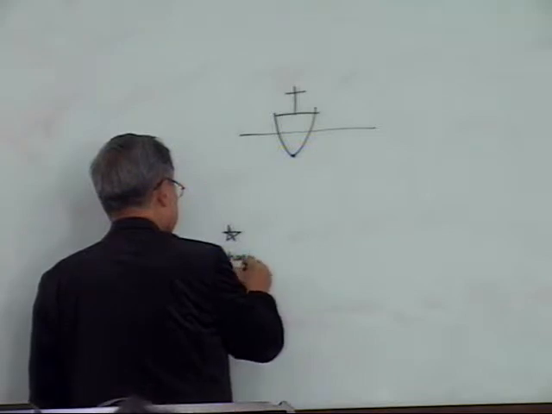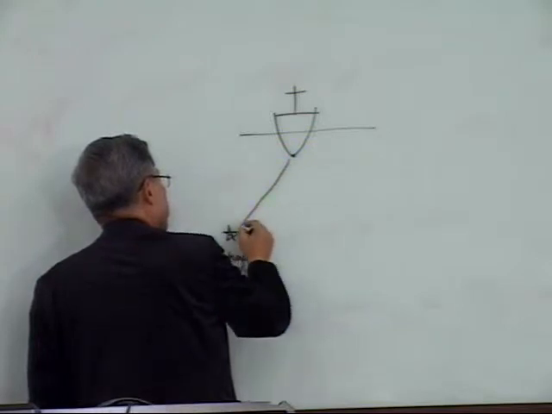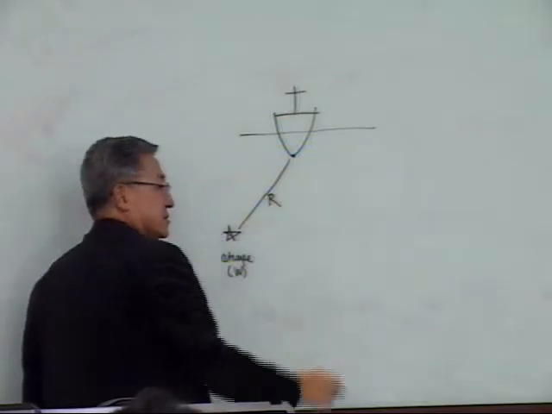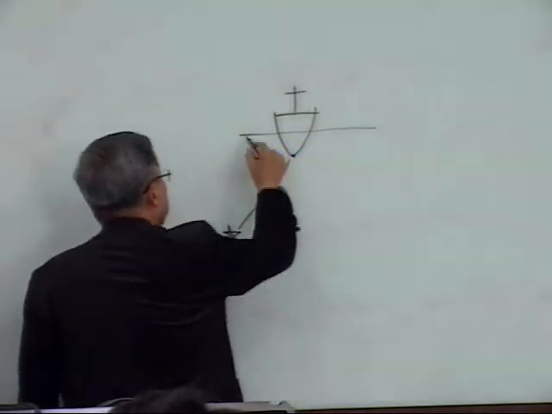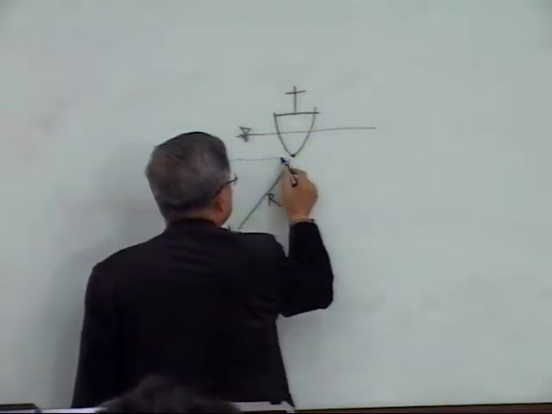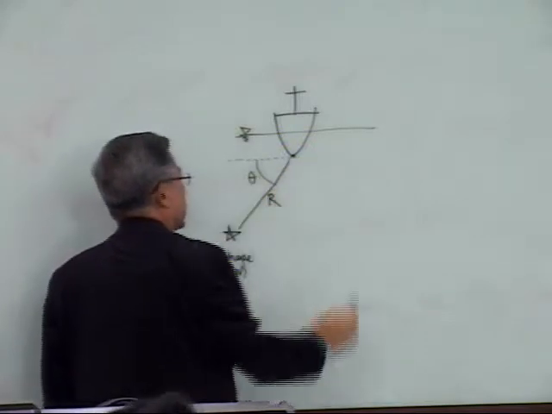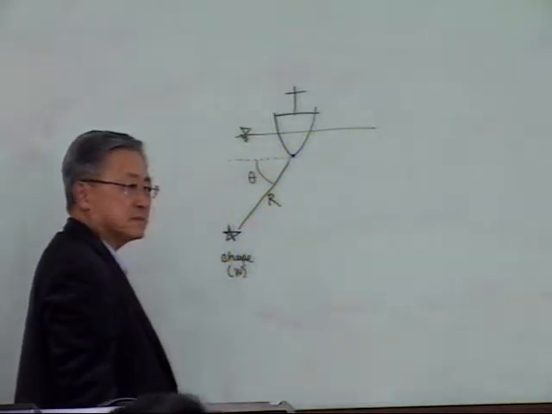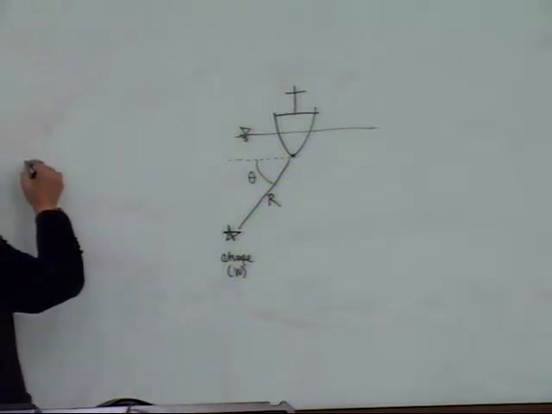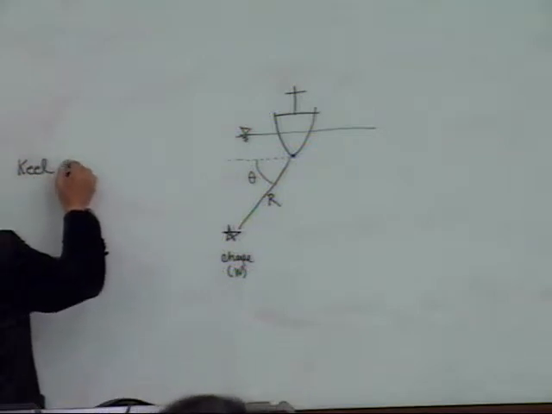Of course, this is W. And now you can put the distance to the keel line. Then you can call this R. And I can draw the line here, and this is the angle theta. For surface ship, use a keel shock factor.